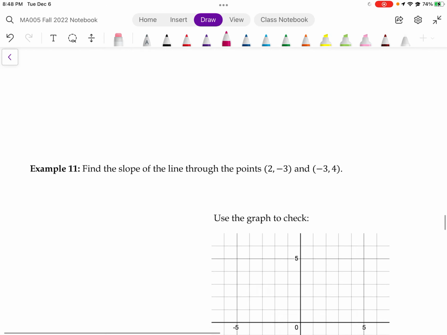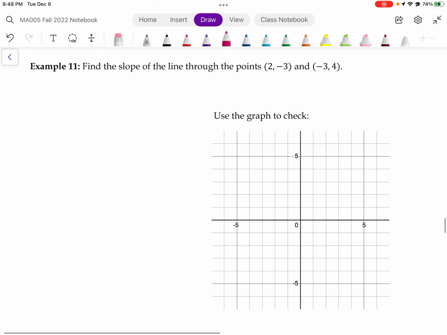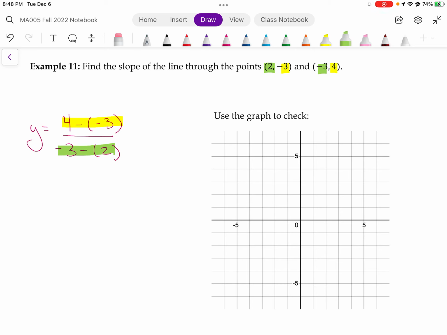All right, try the same thing with number 11. So the change in y is going to be 4 minus negative 3 over negative 3 minus 2. Let's keep track of which ones we used here. These are our y's, and these are our x's.